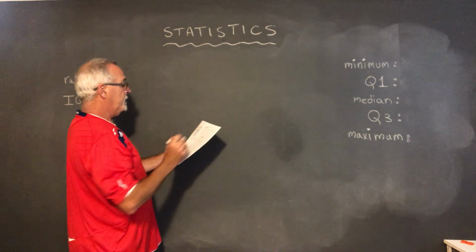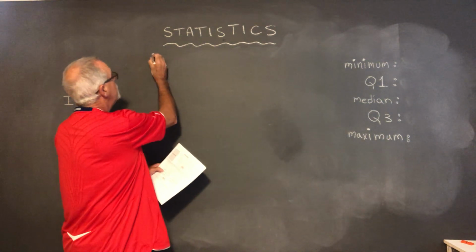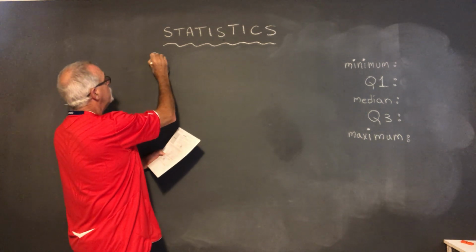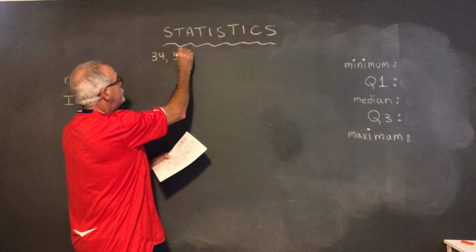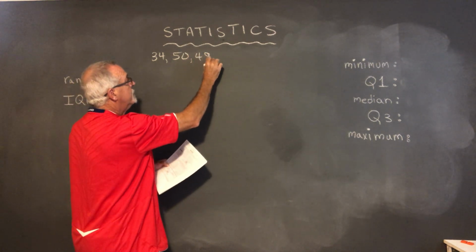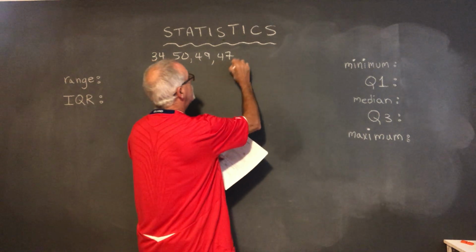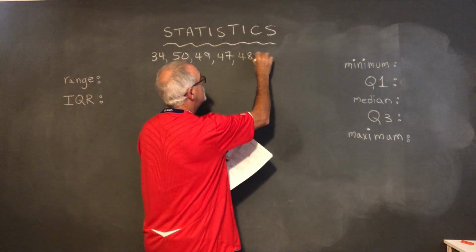This data is not in order, so I'm going to write it right away without changing the order. We have 34, 50, 49 and 47, 48, 45, and another 48.